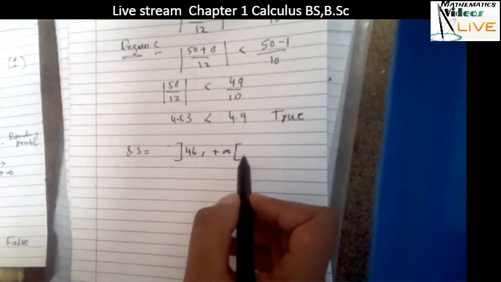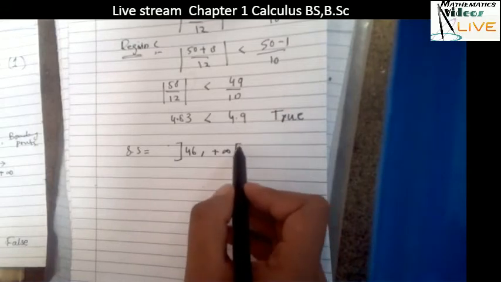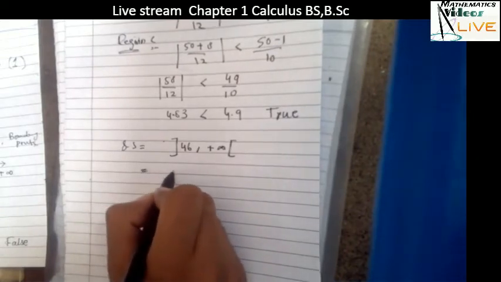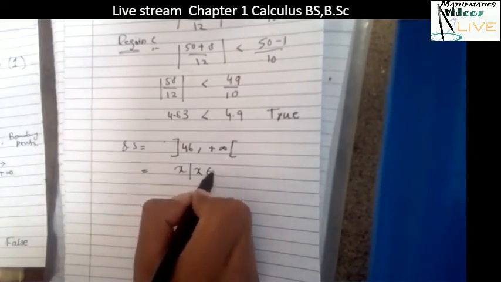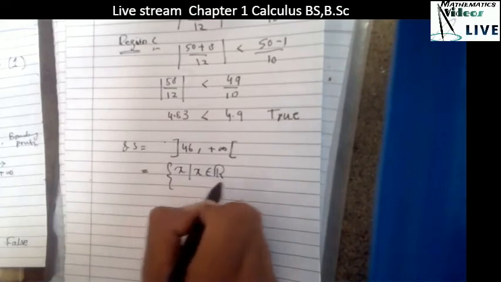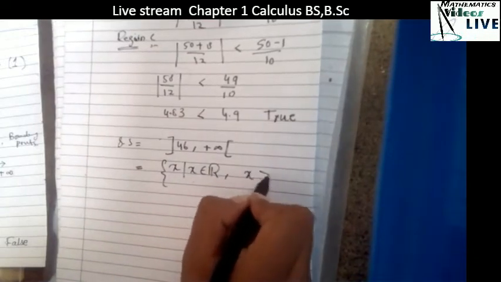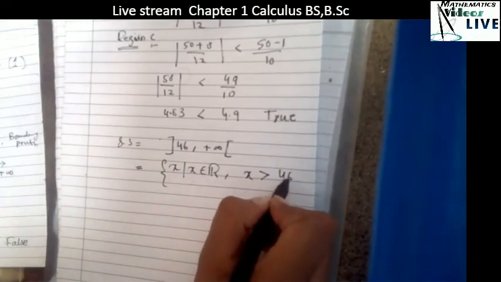So the only region that satisfies the given inequality is region number C. Therefore, this region is the solution. So the solution set starts from 46 and ends at positive infinity.